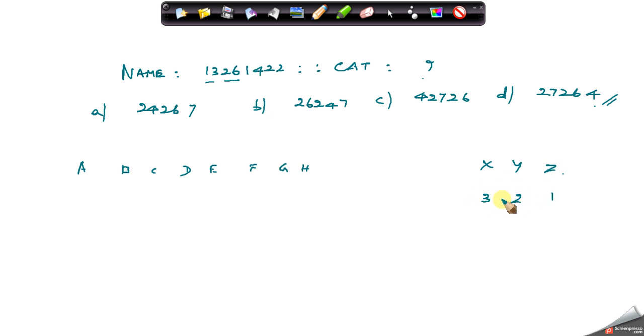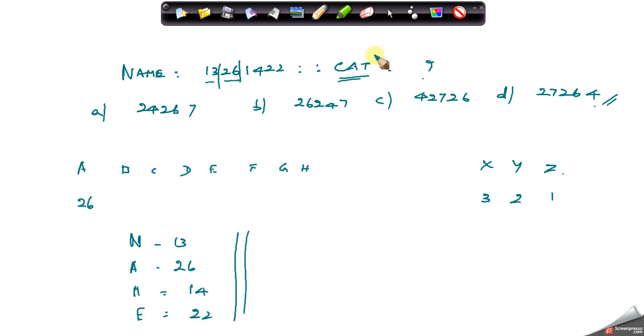If we go in this direction, this is 26. A is given as 26. N is given the reverse way: N is equal to 13, A is equal to 26, and then M is equal to 14. And then E is the 22nd letter. So this is what is given.